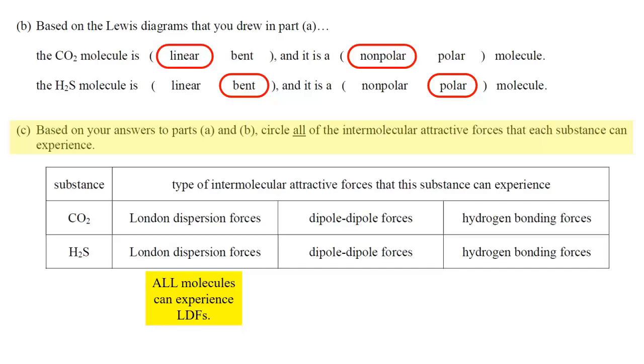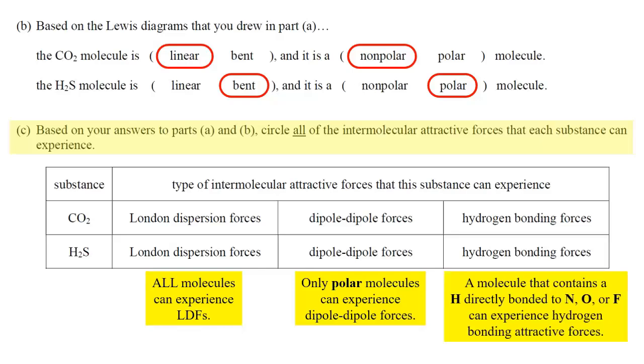Now, for dipole-dipole forces, you have to be polar. So only polar molecules can experience dipole-dipole attractive forces. And then for hydrogen bonding attractive forces, a molecule has to contain a hydrogen directly bonded to either a nitrogen or an oxygen or a fluorine in order to experience hydrogen bonding attractive forces.